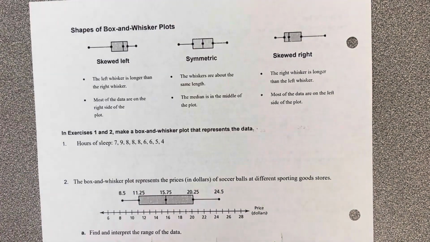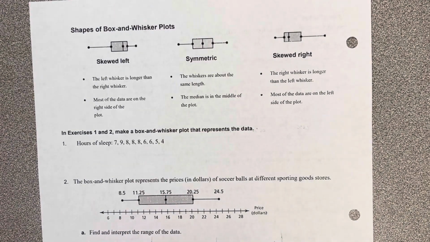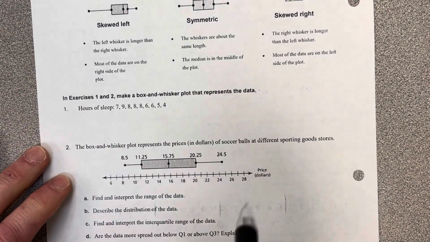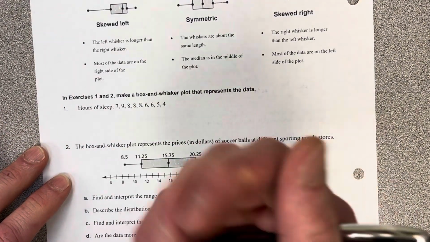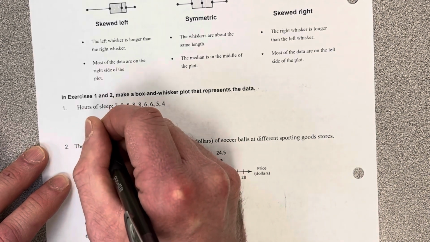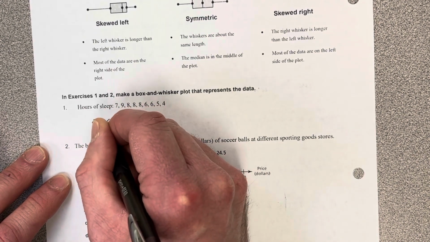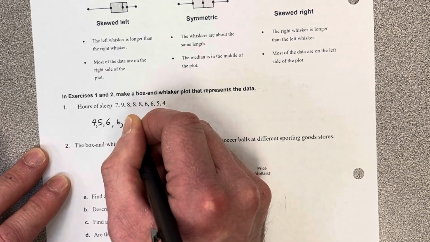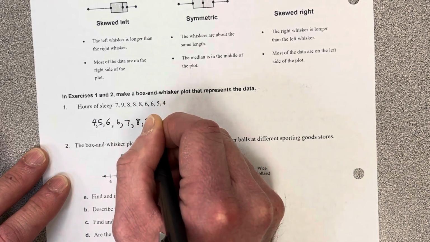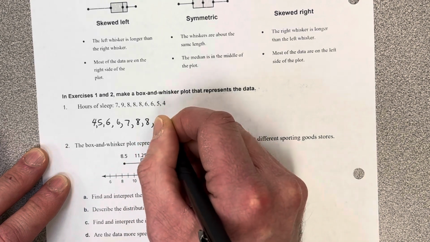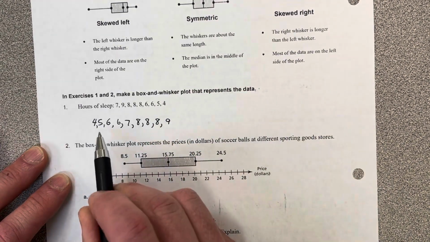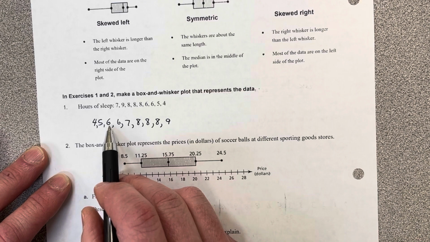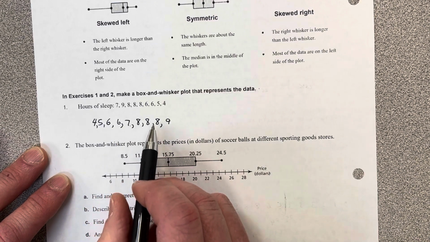Now let's take a look at one here and actually do a box and whisker plot for ourselves. First things first, put the numbers in order. And let's see, there's 1, 2, 3, 4, 5, 6, 7, 8, 9.